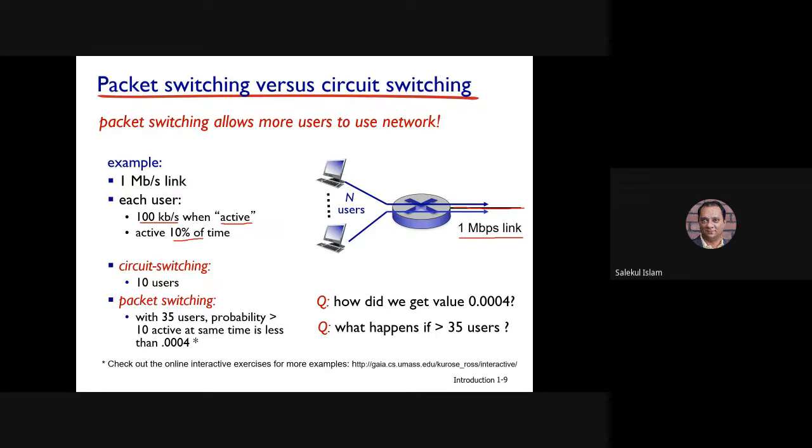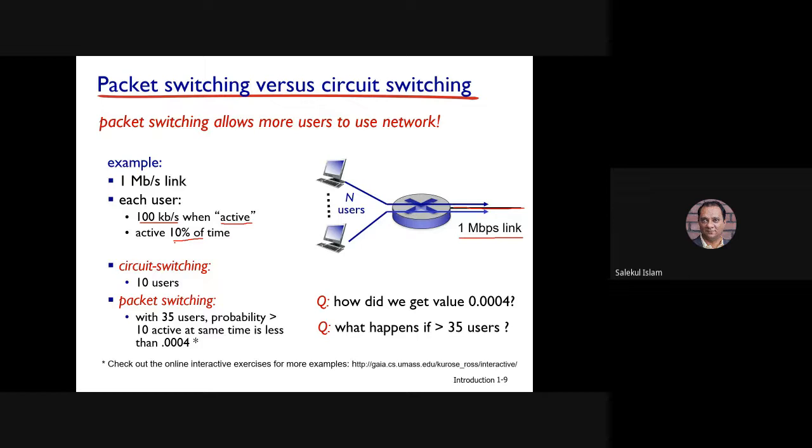Even if they are active for only 10% of the time, you cannot remove them from the circuit in the case of circuit switching. If you allocate a path for a user, whether the user is active or not, you have to reserve the path for that user as long as the user is connected.